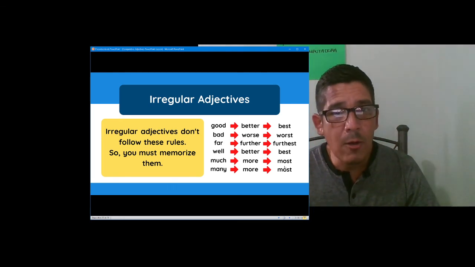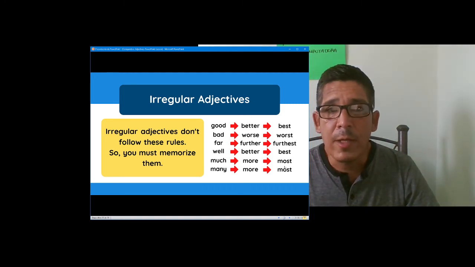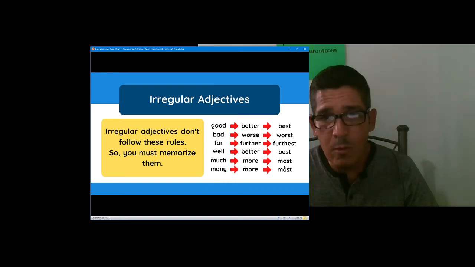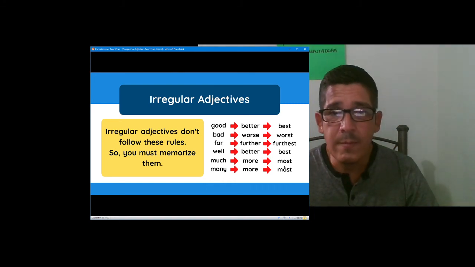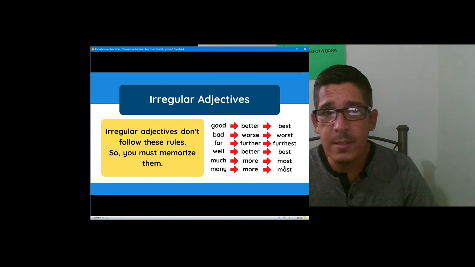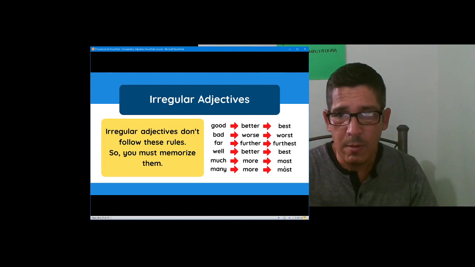Okay? But also remember, I told you that we have irregular adjectives that do not follow the rules, as in the comparatives. And you have the chart in here, like good, better, best, bad, worse, worst, far, further, furthest, etc.